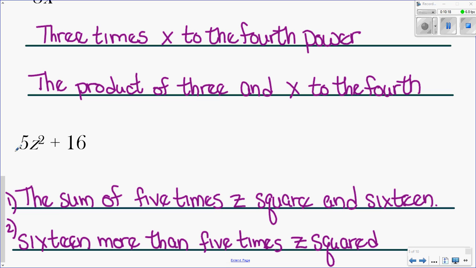So there are many ways to interpret this verbally. You have to use the words so that if someone were to read it, they could easily translate it algebraically.